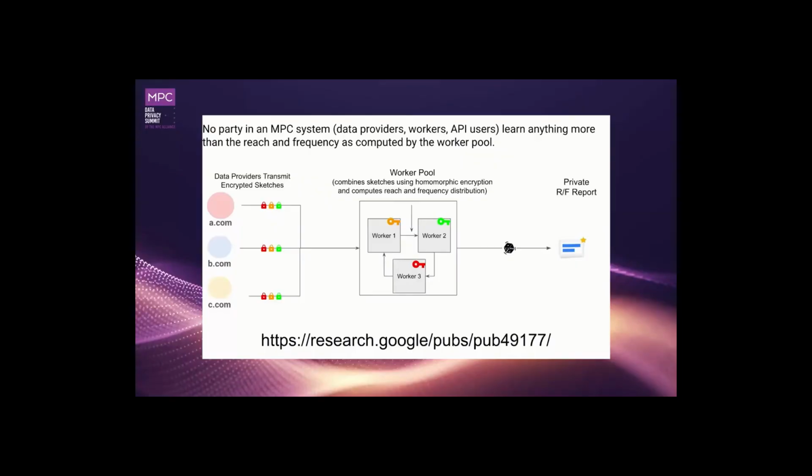But we can guarantee that the final outputs have the differential privacy noise necessary to guarantee the privacy requirements, and do so in a way that we only need to add the noise once. So the noise doesn't add up multiple times, which means we have a much stronger utility of the system. And there's a link at the bottom that you can follow to see more details on how this particular MPC protocol works.